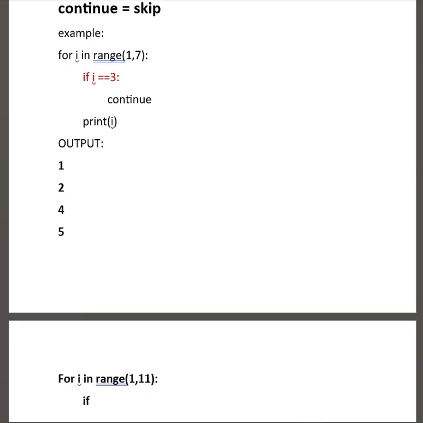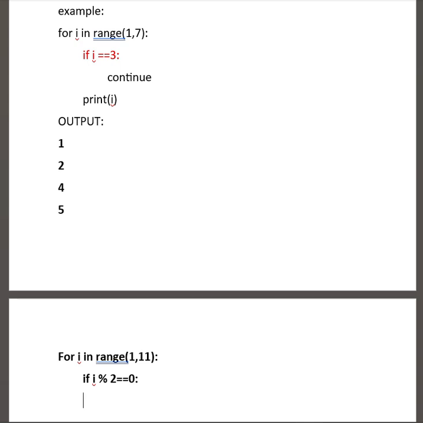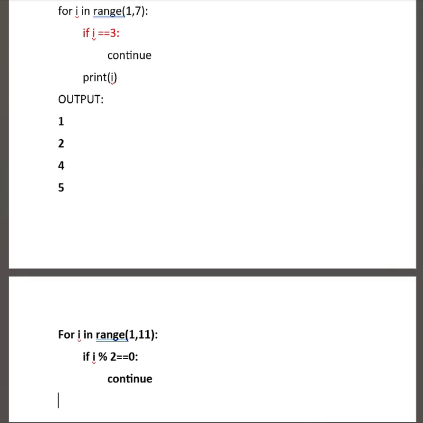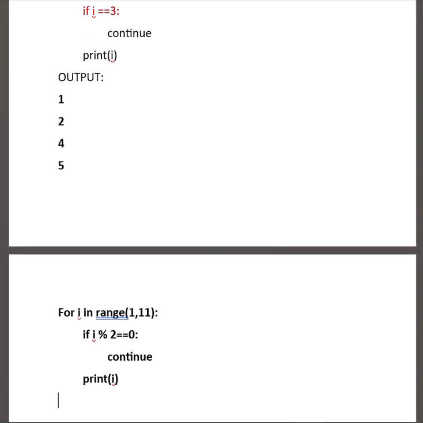If i is divisible by 2, that is i mod 2 equal to 0, continue. Next, we need to print the number which is not divisible by 2. So that's why we are printing.